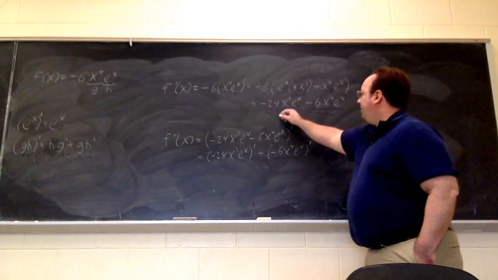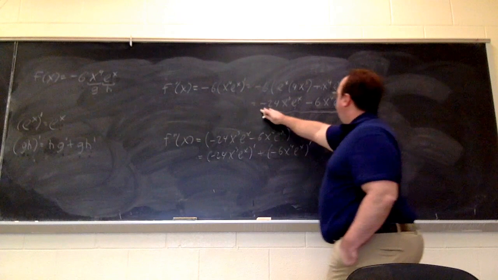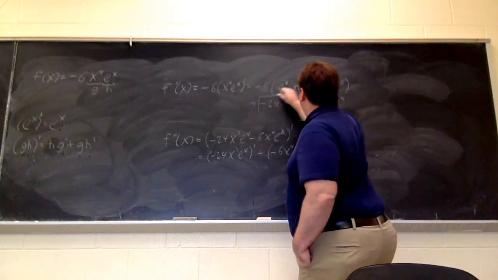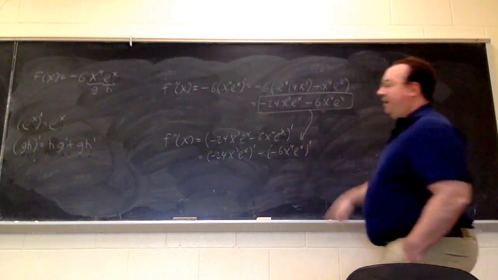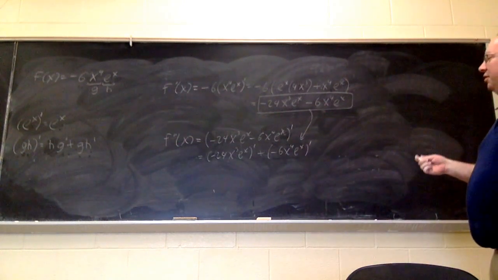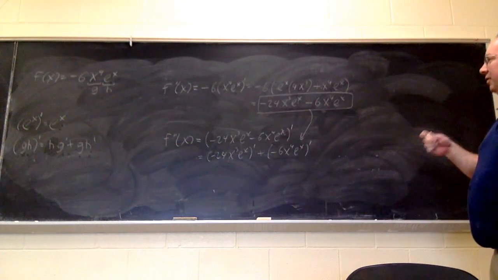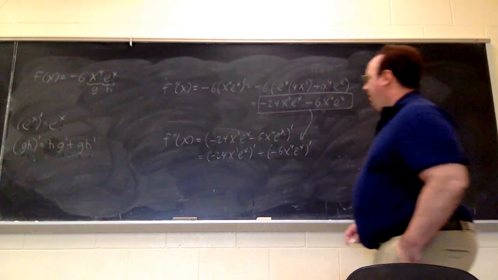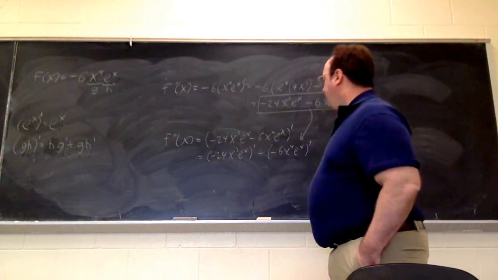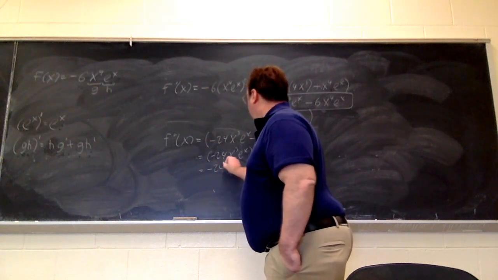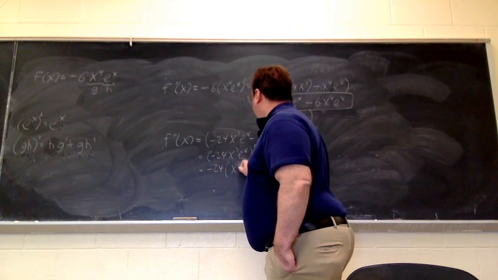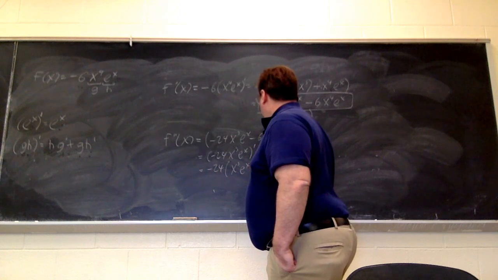This is my final answer to the first part anyway, so I should box it. So I'm just going to fill that in down here. I don't need to go through the product rule again over the very same thing. And I still need to take the derivative of this part. So if I fill in what I know so far, I have minus 24, and then I need a derivative of x cubed e to the x, which I'll get to in a moment.